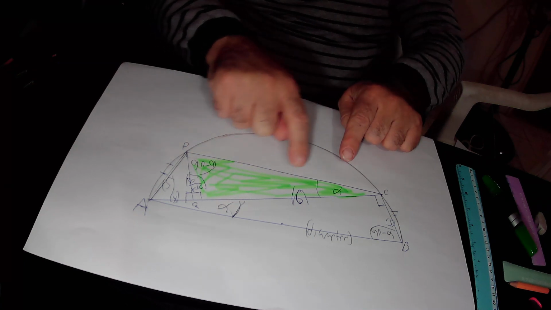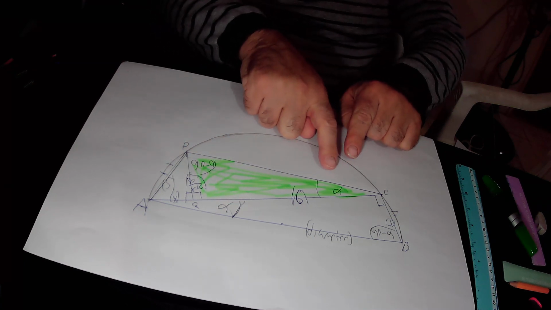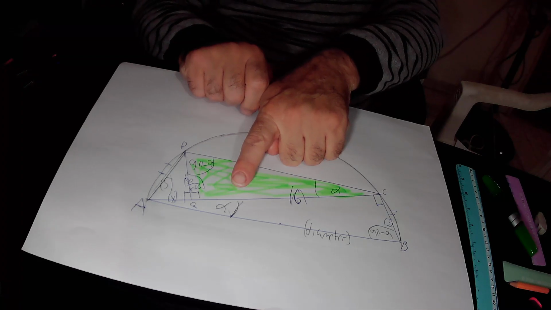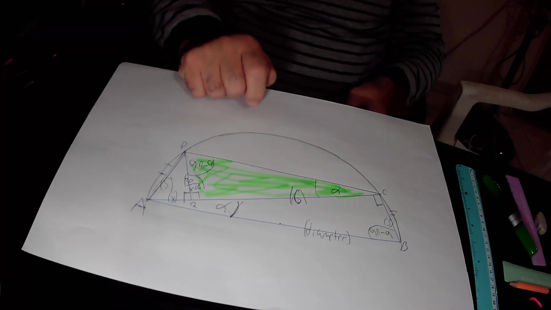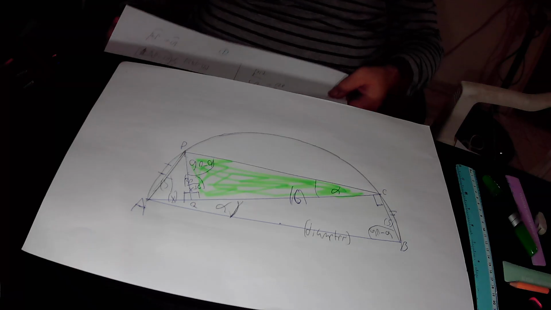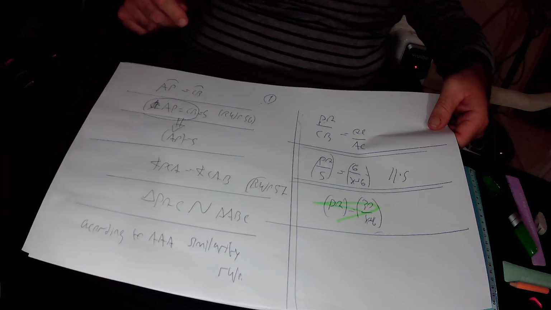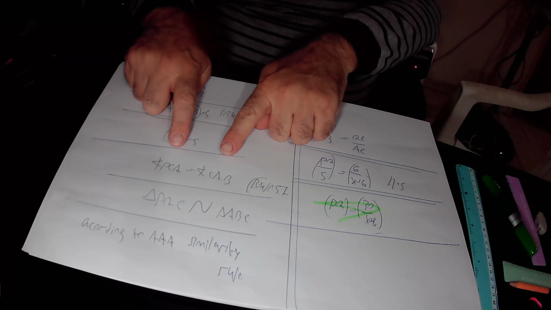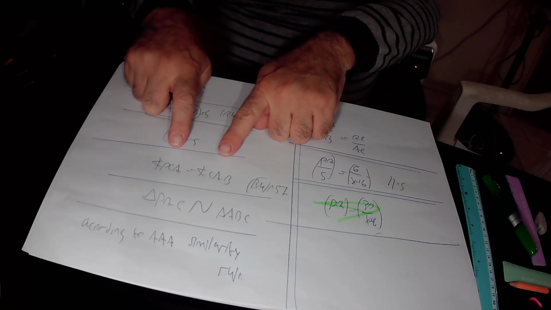So if the size of angle PCA equals alpha, then the size of angle CAB must also be equal to alpha because they are equal to each other according to rule 56. Because those two angles subtend equal chords, they must also be equal to each other in size.